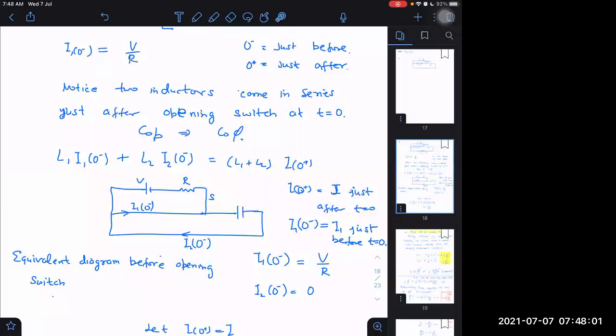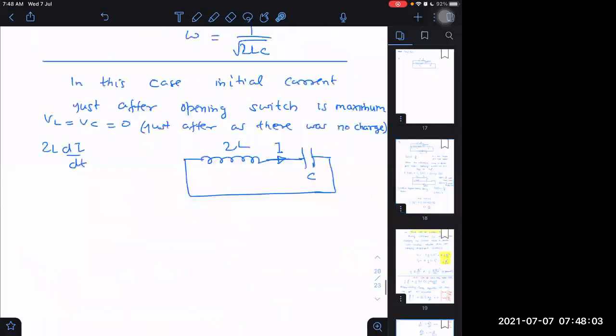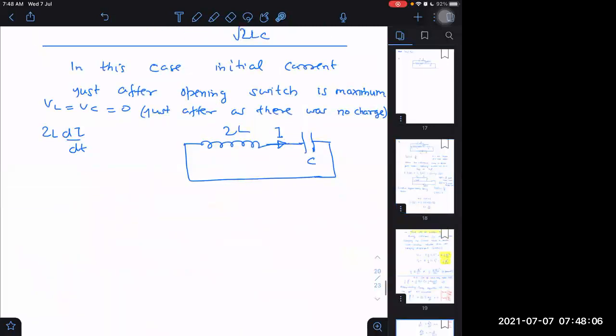Understood? Then come back to this now. In case the initial current just after opening the switch is maximum, VL is equal to VC is equal to 0 just after, as there was no charge. Then 2L into di by dt will be 0. So di by dt equal to 0 normally can mean maximum or minimum, but here it will not mean minimum; therefore I is maximum.